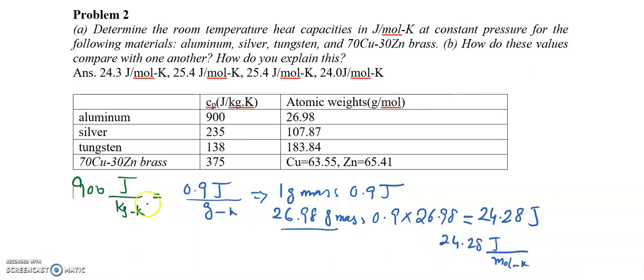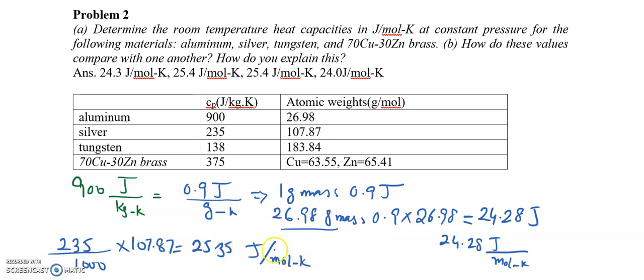Similarly for silver, it is 235 divided by 1000, and by the same method, multiply by its atomic weight 107.87. So it is 107.87 times 0.235, which is 25.35 joule per mole Kelvin.